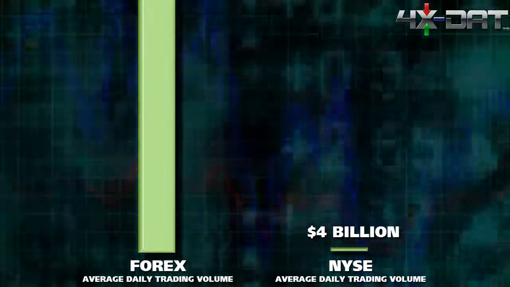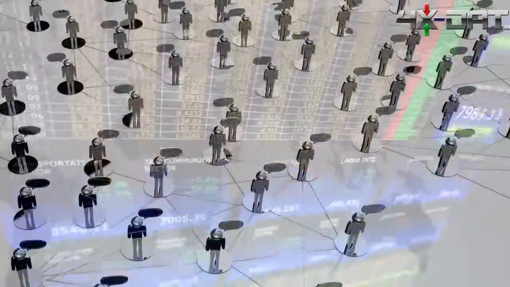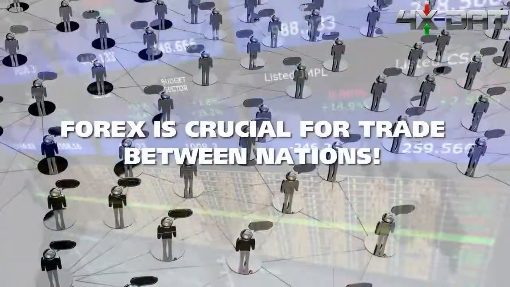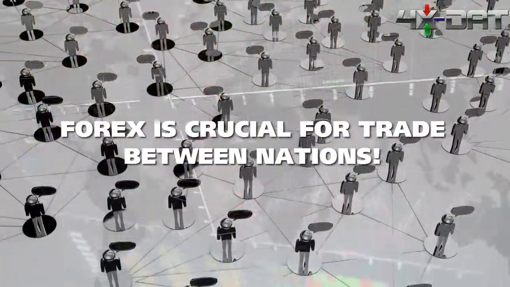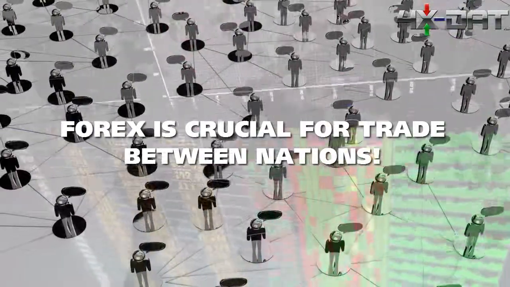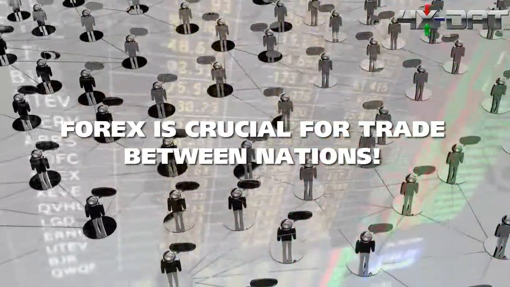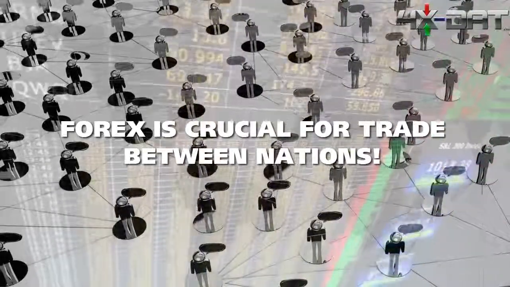So why is this market so big? Well, simply put, the Forex market is a network of thousands of banks and millions of traders all over the world, all of which are constantly attempting to determine the fair value of currencies in relation to each other in order to facilitate global trade. This may sound a little complicated, but it's actually not.